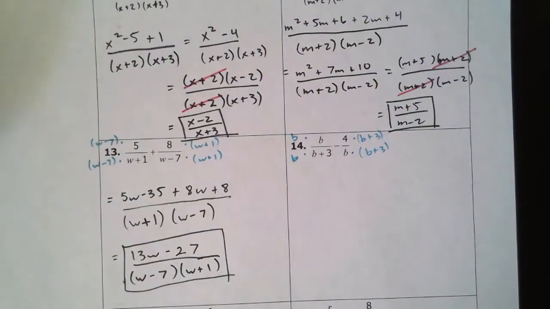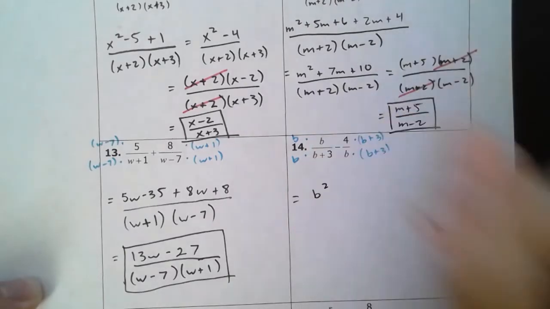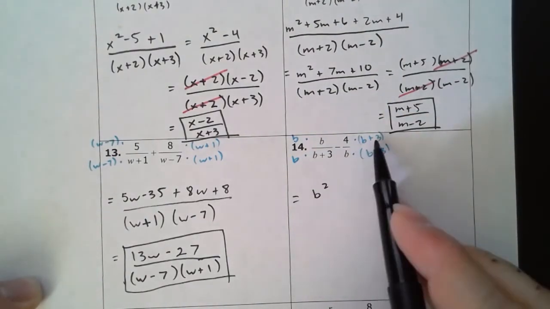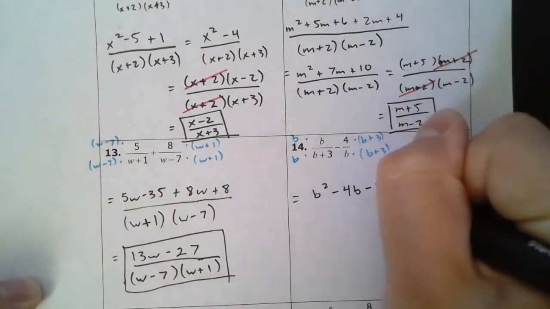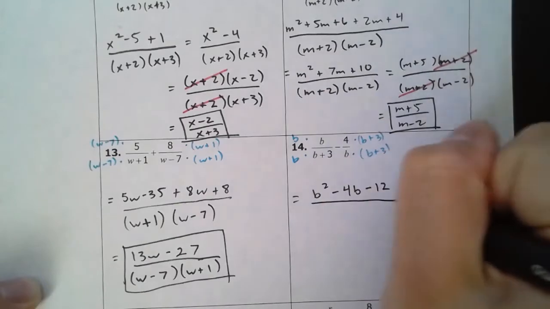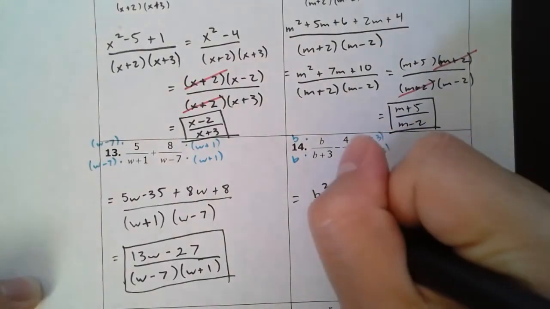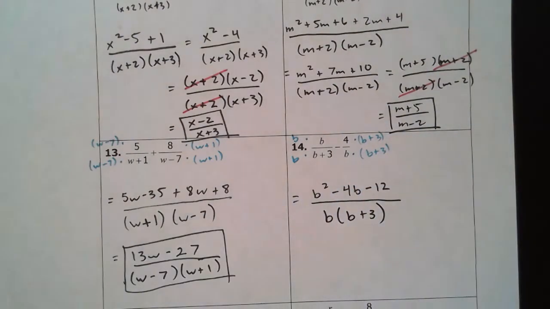So b times b, I get b squared minus 4b, so 4b plus 12, but it's a minus, so you get negative or minus 4b minus 12 over, let's keep them separated, b plus 3, since we're going to be simplifying anyway.